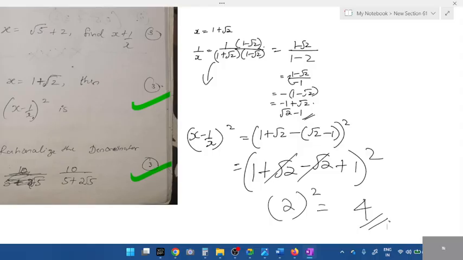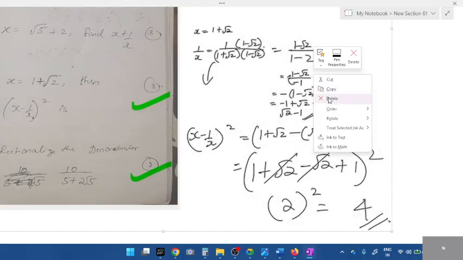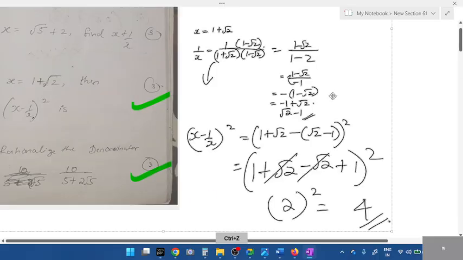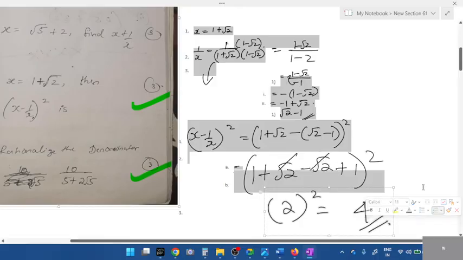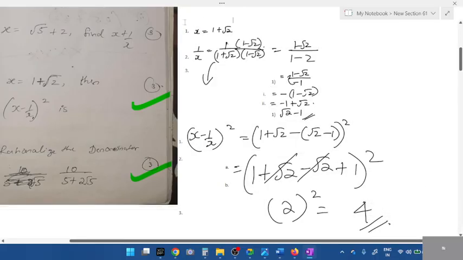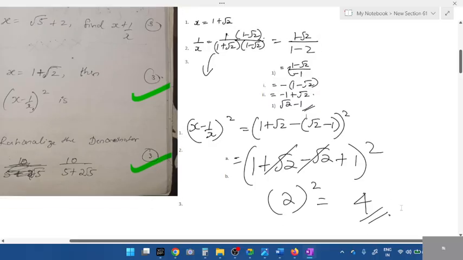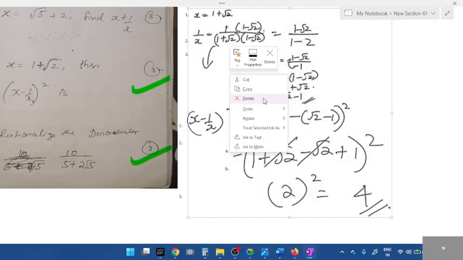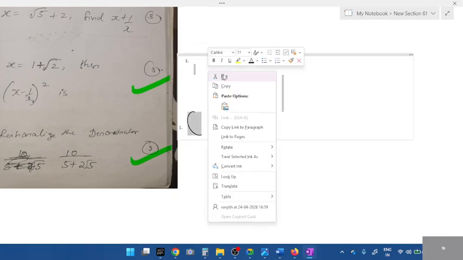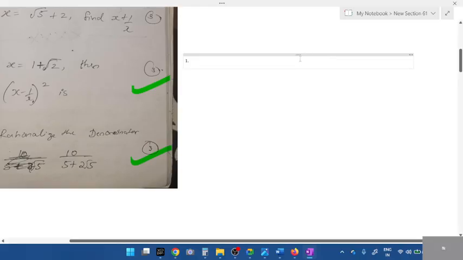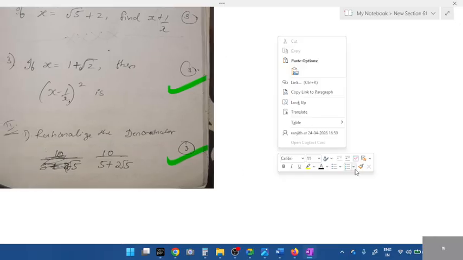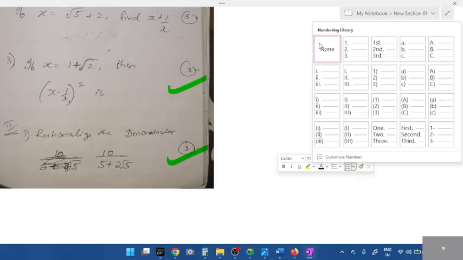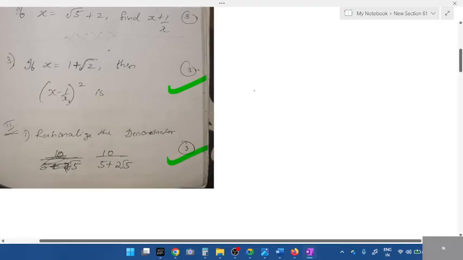Okay, next question. Rationalize the denominator is the question, students. 10 divided by 5 plus 2 root 5.